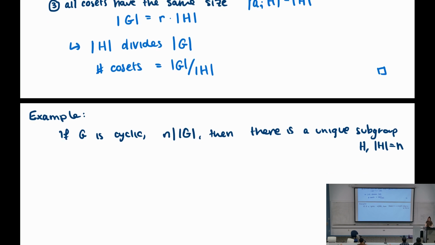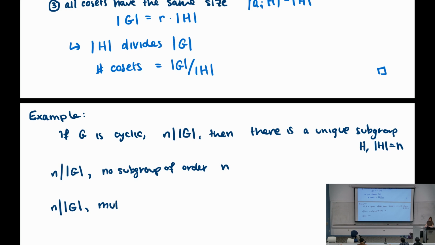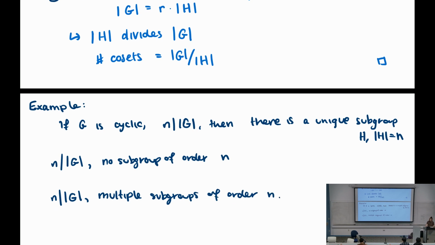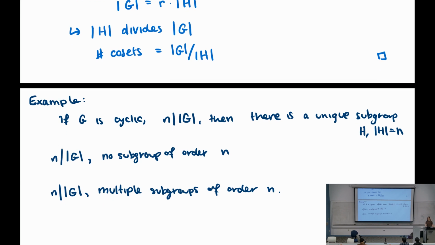So let's come up with an example of an N that divides the order of some group, and there's no subgroup of order N. And let's come up with an example where N divides the order of the group, but there are multiple subgroups of order N. Can anyone think of an example satisfying either of these?